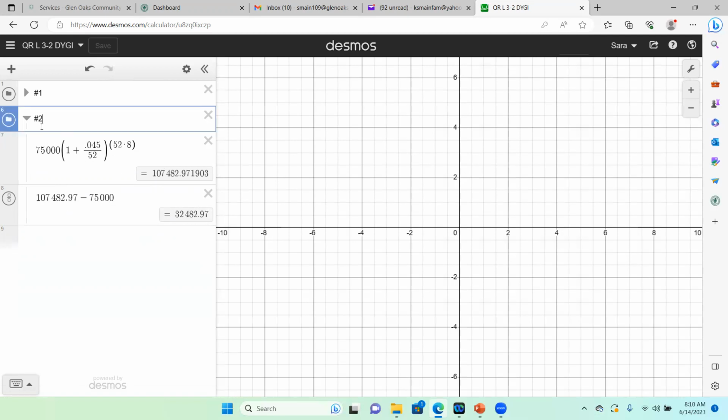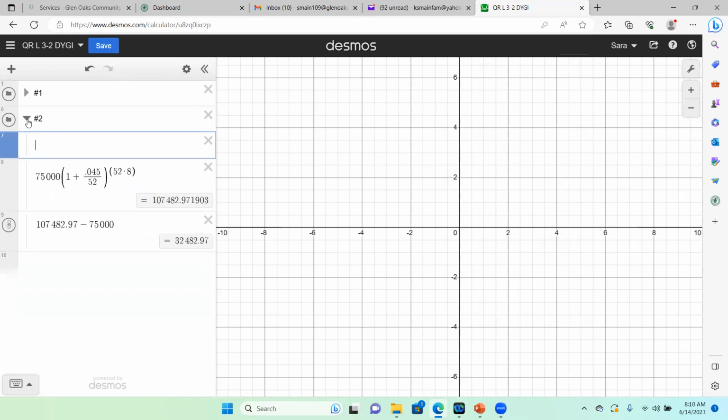So I would definitely save this and mark this as a note so that you can write compound interest weekly for 52, where N is 52, and then hit save.